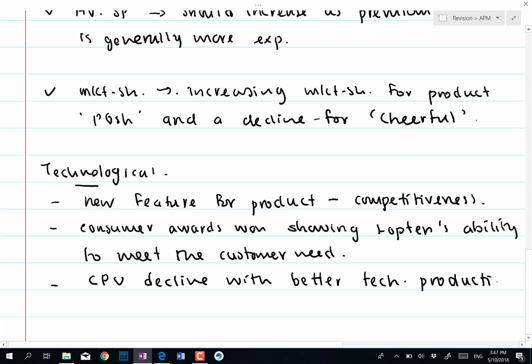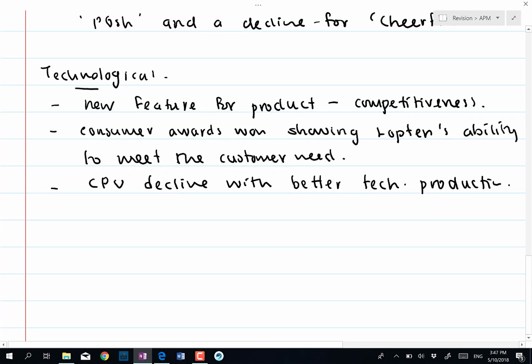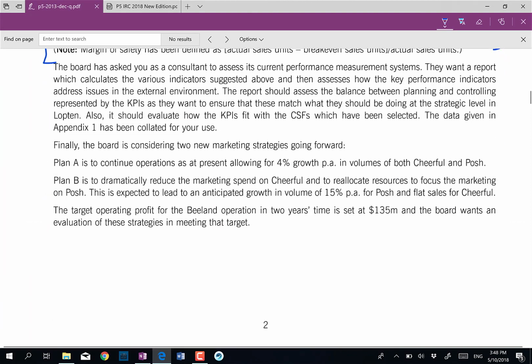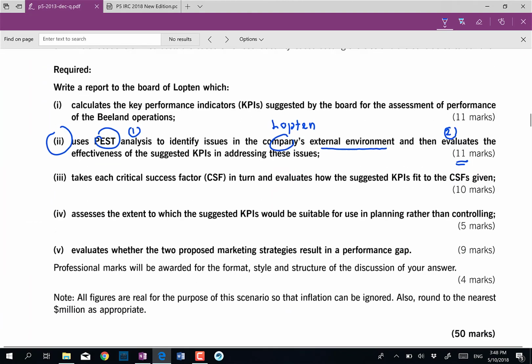So more efficient production. So this may result in a decrease in production costs. So that would wrap up my discussion on the second part of the question, which carries 11 marks.